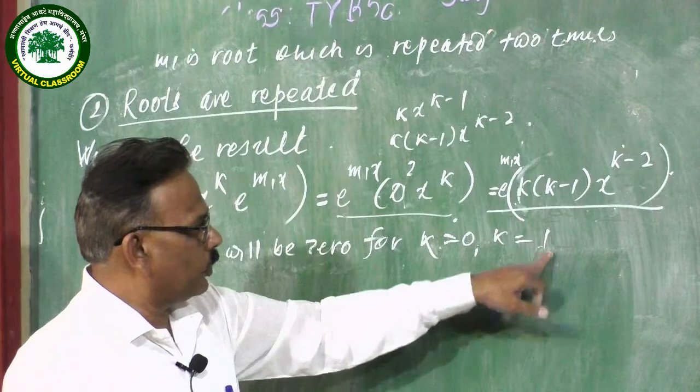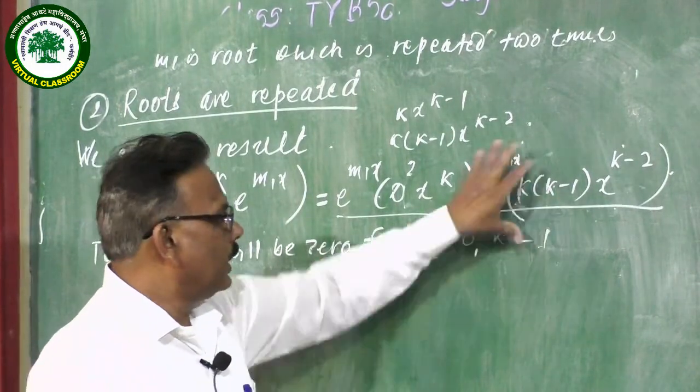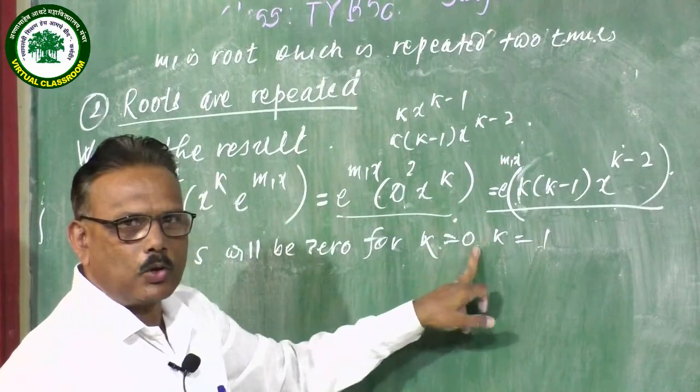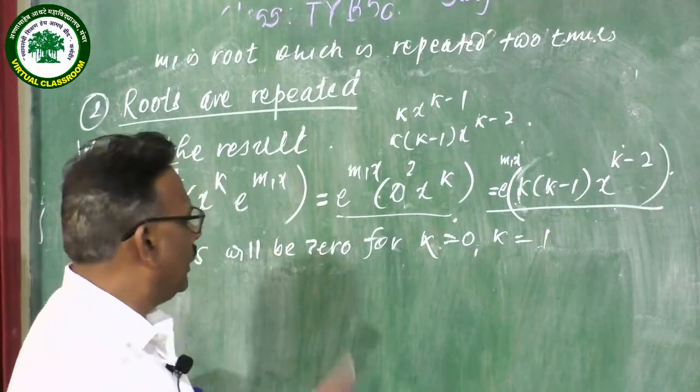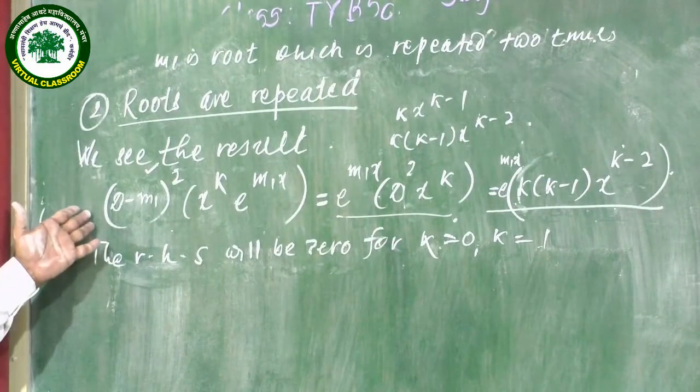When you substitute k equal to 1, 1 minus 1 is again 0. Therefore, this term will be 0 for 2 values of k, k equal to 0 and k equal to 1. If the right hand side is 0, then the left hand side is also 0.